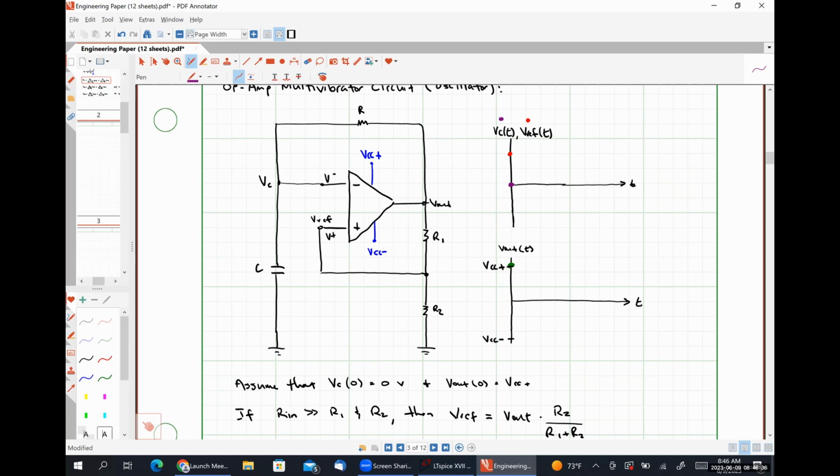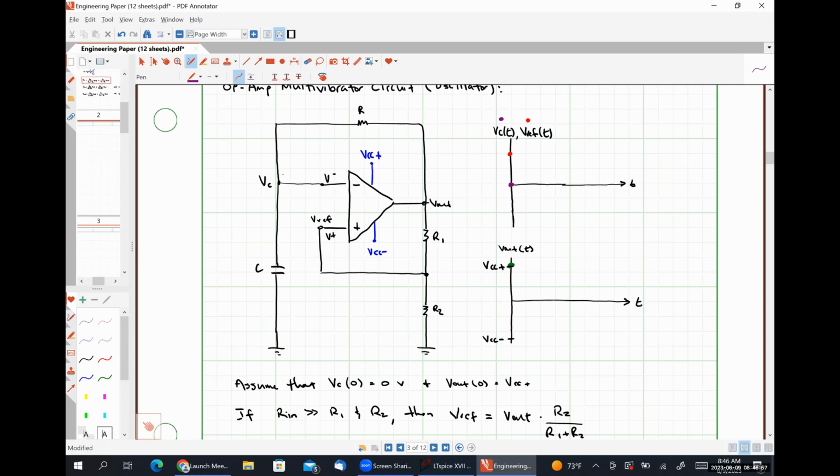So with this reference voltage as some positive voltage, let's look at what's going to happen to the capacitor.